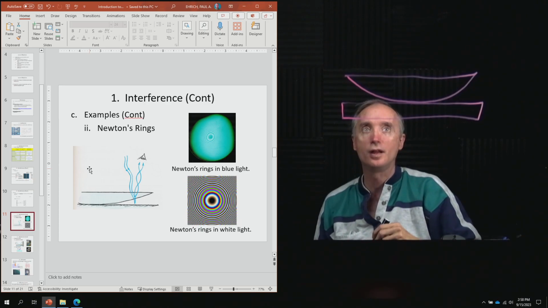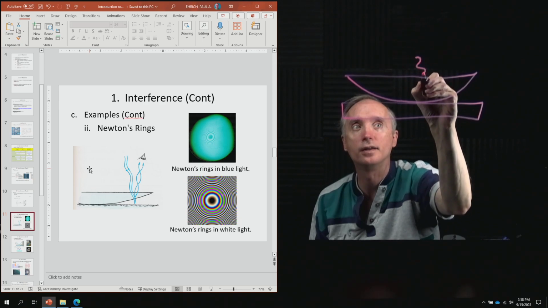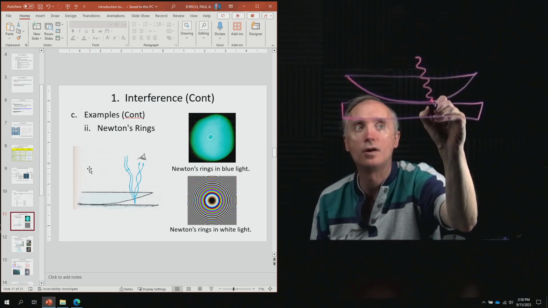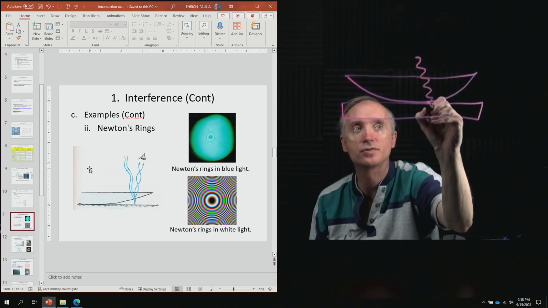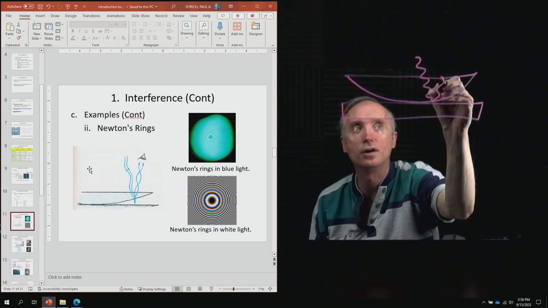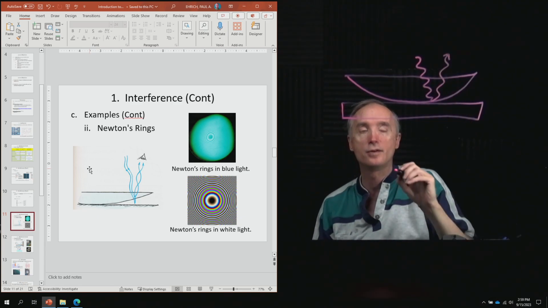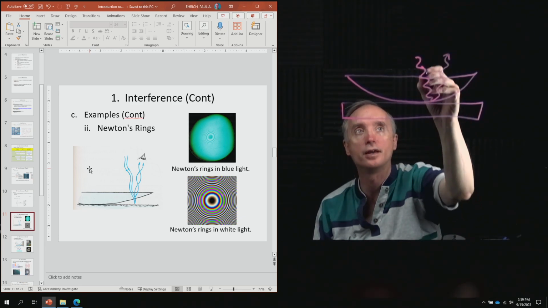So we've got some light that is going to come in, and it is going to bounce off of this surface right here. And then it's going to go into your eye. Okay, but then you also have some light.